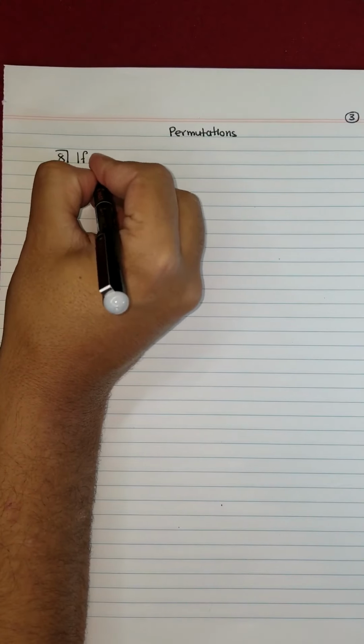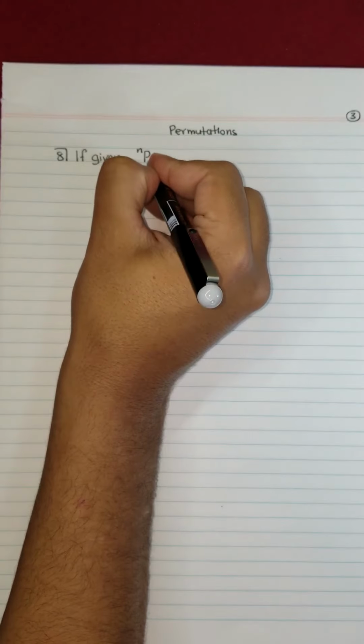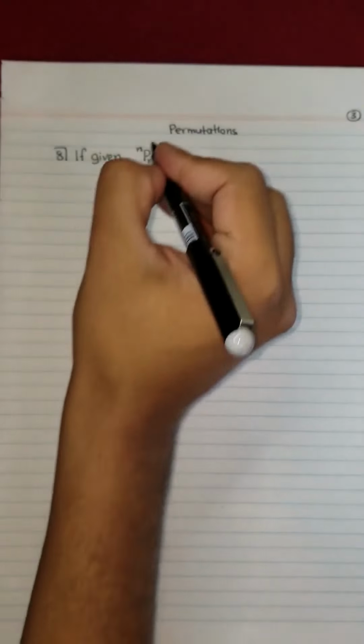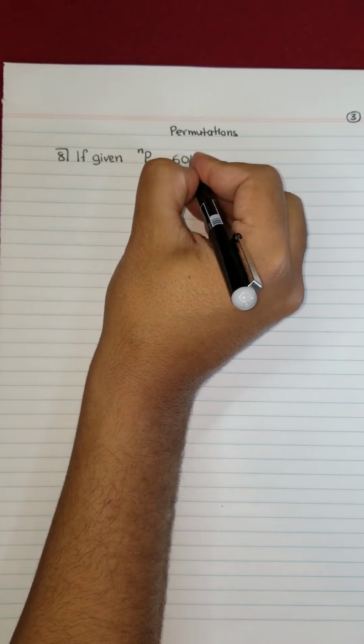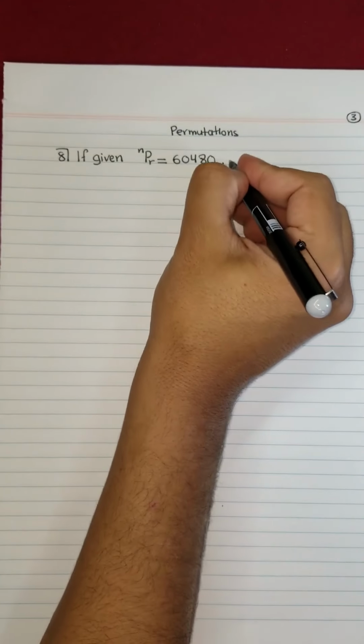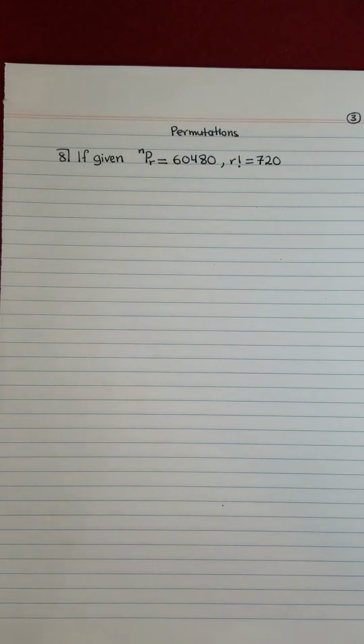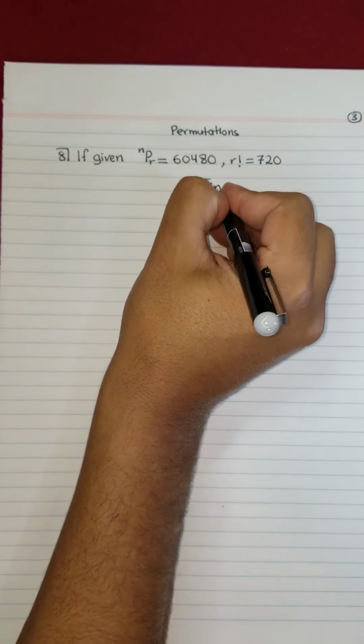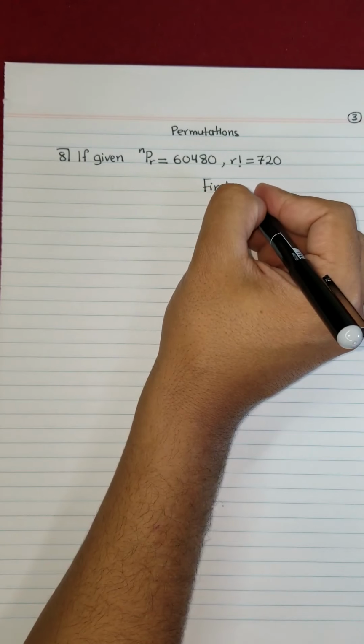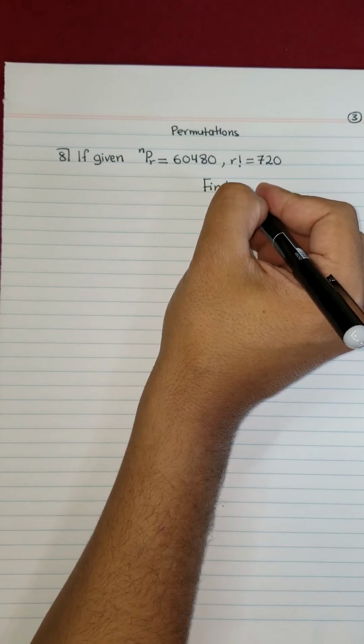It says, if given n permutation r is equal to 6480, and r factorial is equal to 720, find the value of n plus 1 permutation r minus 1.